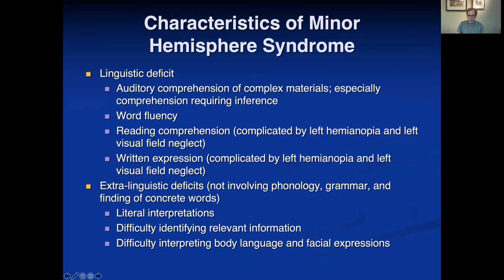There's like a line going right down the plate, and they don't eat to the left of it, indicating they have a neglect of that side of the world. That's the left visual field neglect, and that obviously complicates reading. It also complicates writing. So they will have some difficulty with writing, and especially if they have the left visual field neglect. They also have trouble with extralinguistic deficits.